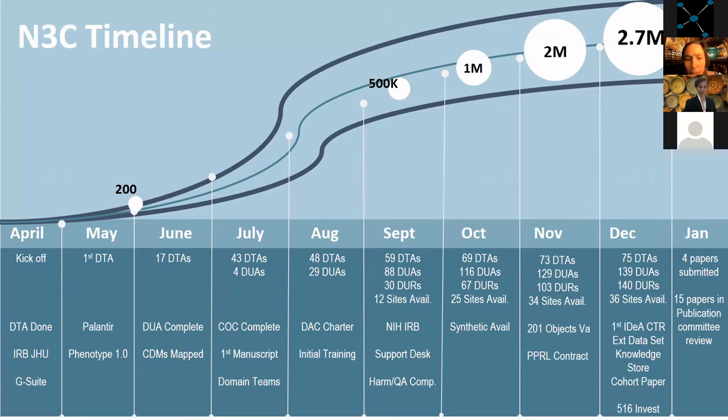And very quickly now, we don't have the numbers for January yet, but we have currently 2.7 million harmonized patient records in the system with, I think we're up to 78 now, data transfer agreements from different institutions, which obviously includes more than just the CTSA program, and have been working really actively with many CTSA partners to bring in other kinds of data.